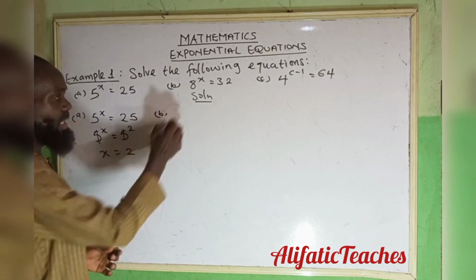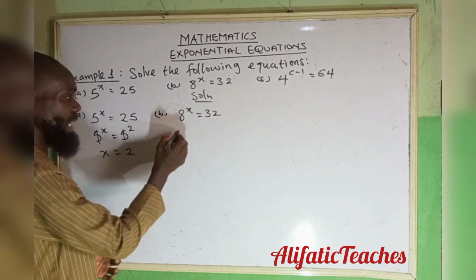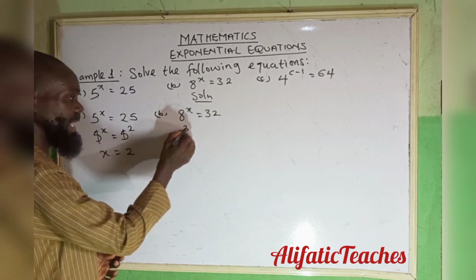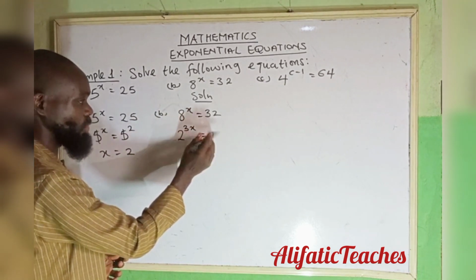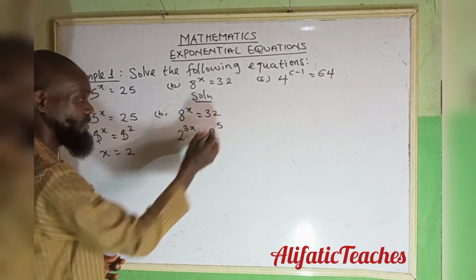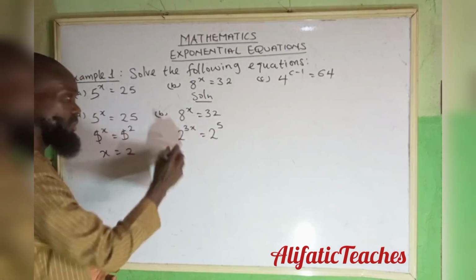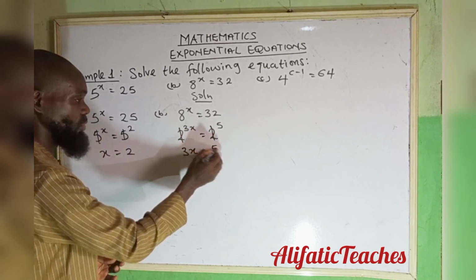The second one, 8 raised to power x is equal to 32. So we have 2 raised to power 3x. So 2 raised to power 3 is 8, with our x, is equal to 32. 2 in 5 places, that is 2 raised to power 5. Now we have the same base, so 2 goes in 2, so 3x is equal to 5.